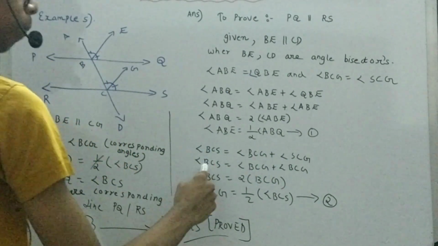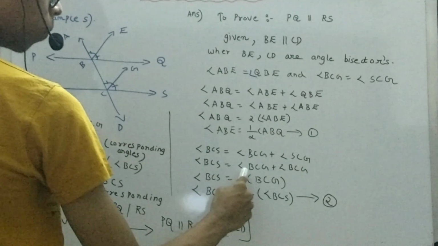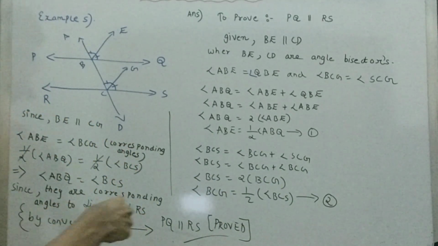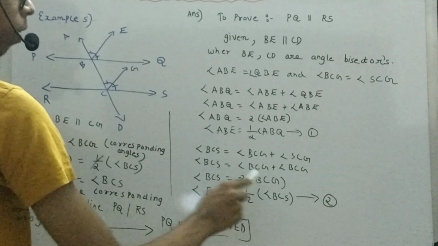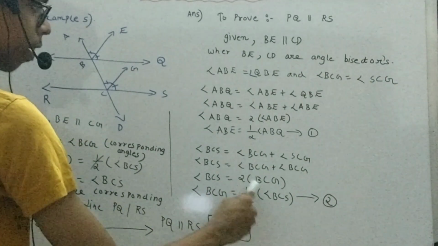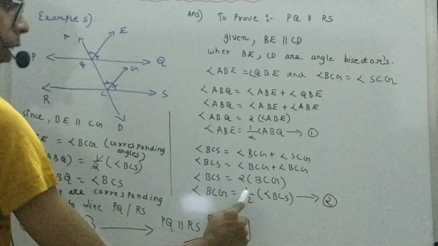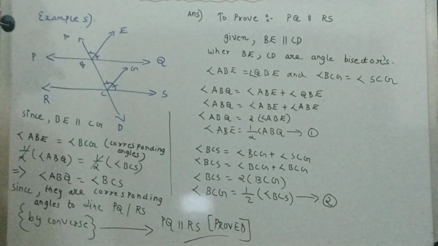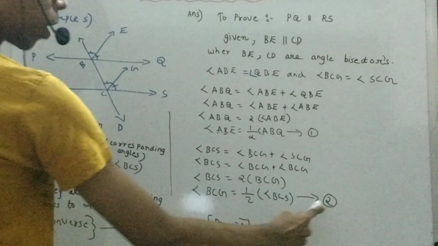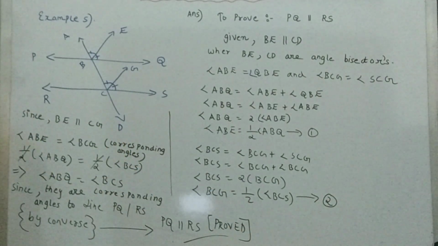So angle BCS is equal to angle BCG plus angle BCG, which gives angle BCS is equal to twice of angle BCG. So angle BCG, multiplication goes to division, is equal to half of angle BCS. This equation you can take as equation number 2.